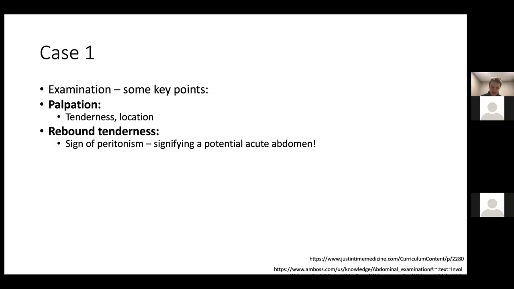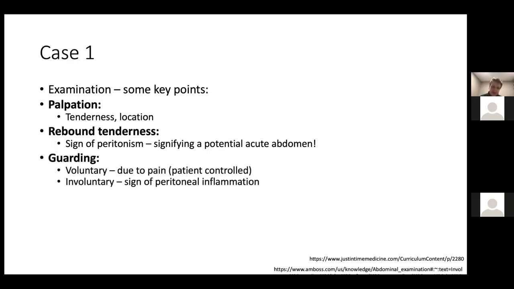Then guarding: is it voluntary or involuntary guarding? Voluntary basically means the patient's guarding, so maybe they can feel the pain, so are tensing their muscles so it doesn't cause them any more pain. Or involuntary guarding, which is another sign of inflammation of the peritoneum.